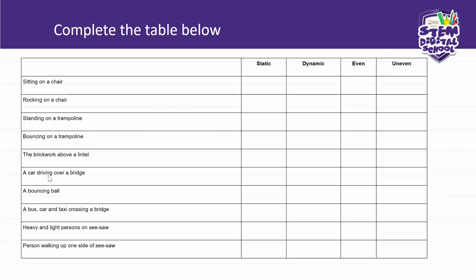Okay. A car driving over a bridge, you can answer this one. You can all answer this one. A car driving over a bridge is a static or dynamic force? It's dynamic force because the car is moving. Is it an even or uneven load?